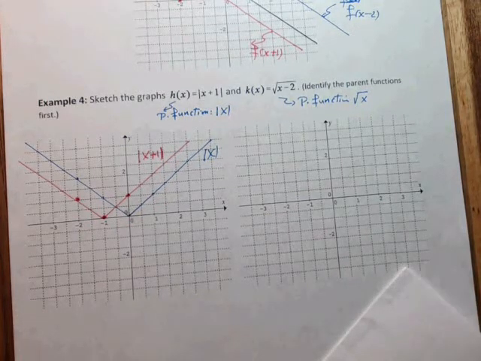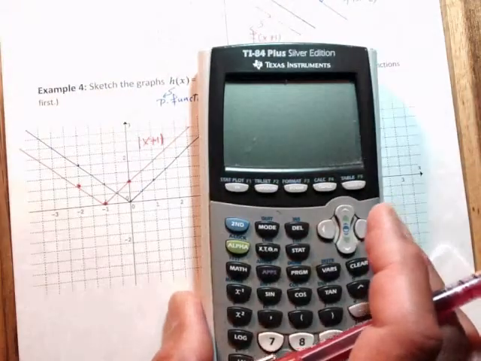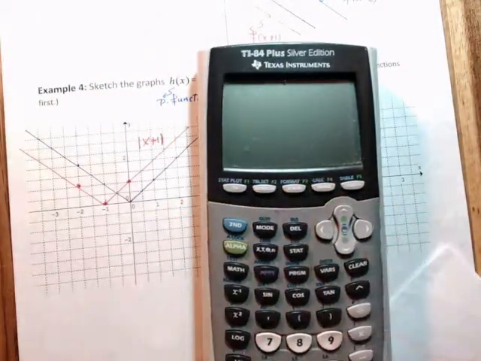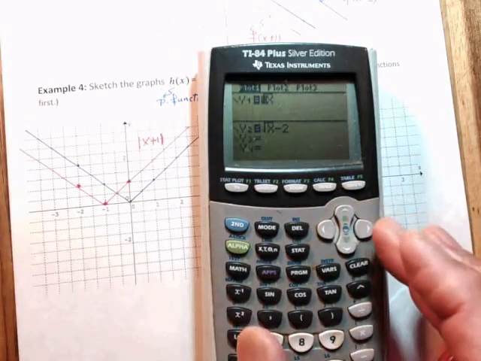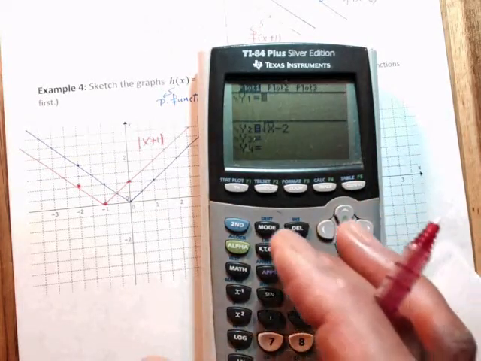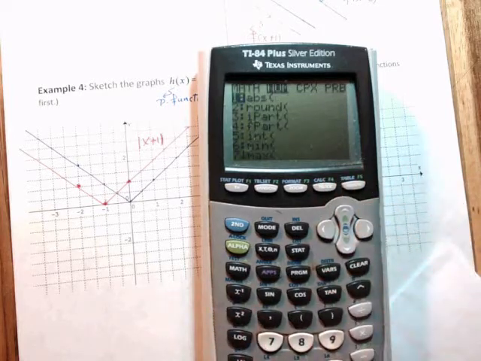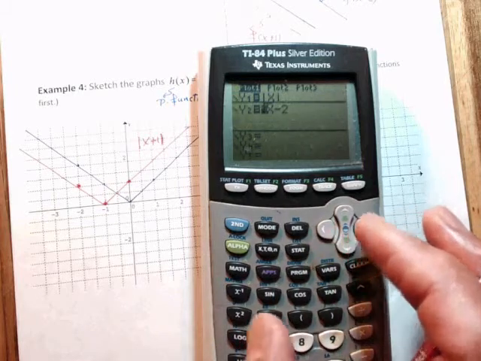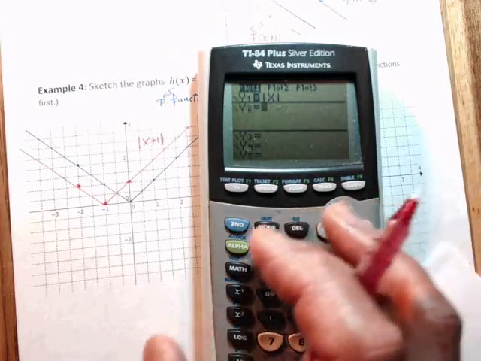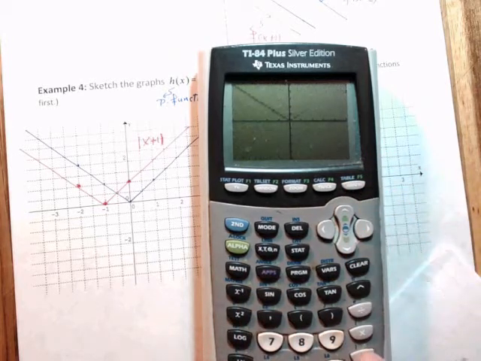You can see this phenomenon on your graphing calculator very easily. So if I turn this on, clear, this is math, number, absolute value of x, that's the parent function, and math, number 1.